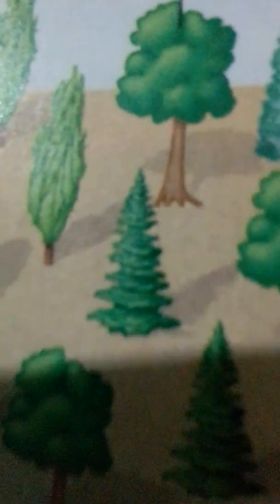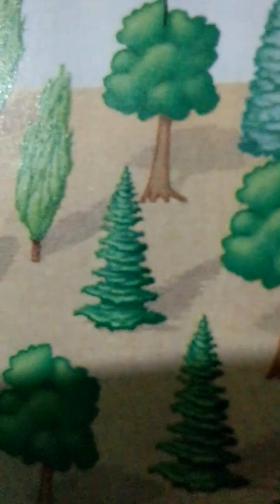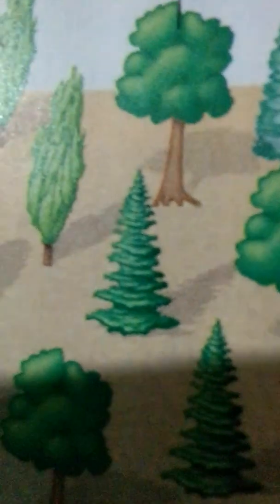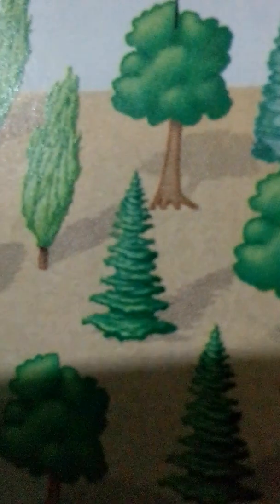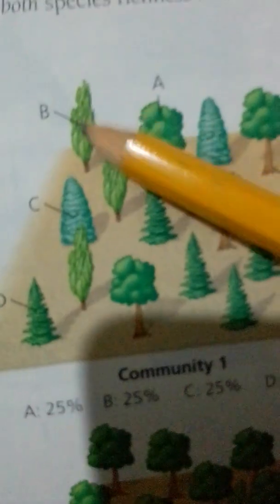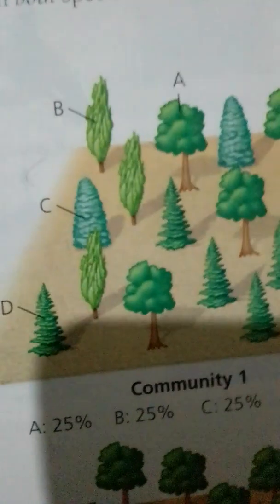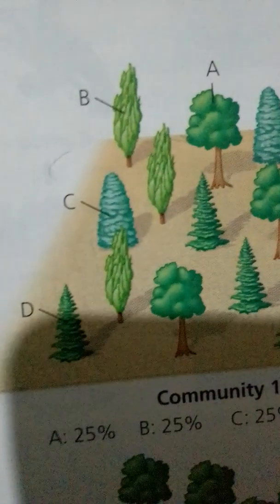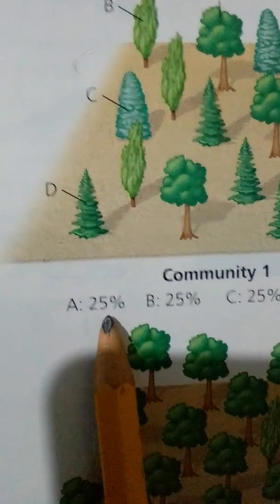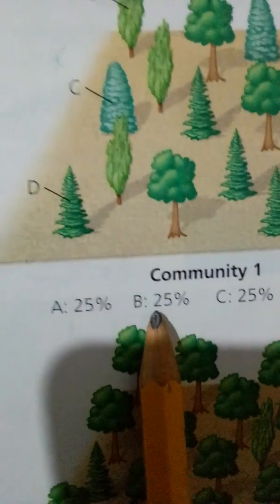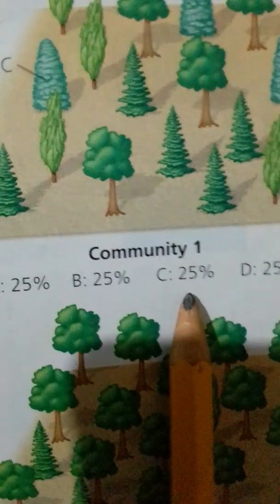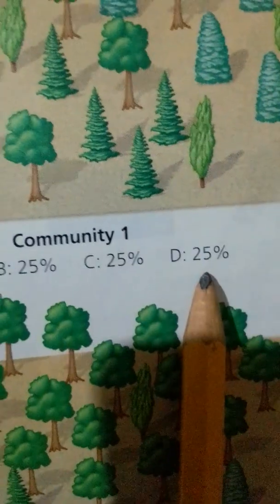For example, imagine two small forest communities, each with 100 individuals distributed among four different tree species: A, B, C, and D. As shown here, in Community 1, A is 25%, B 25%, C 25%, D 25%.